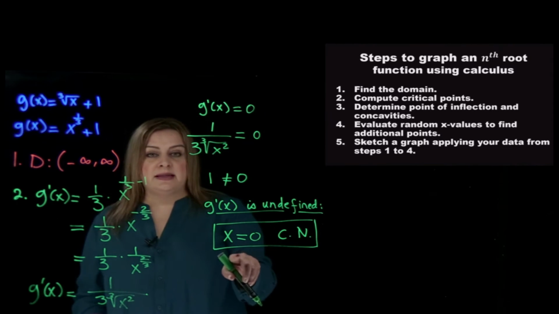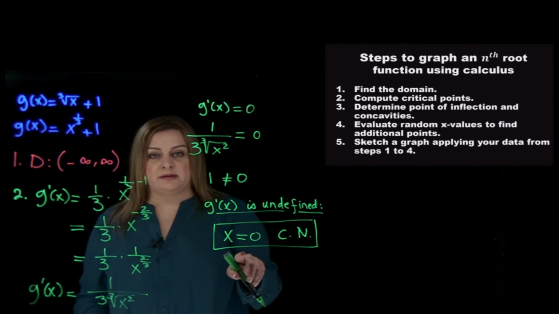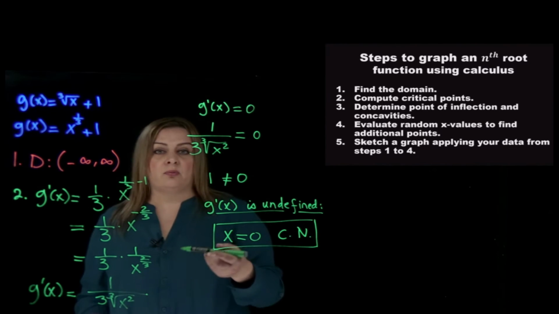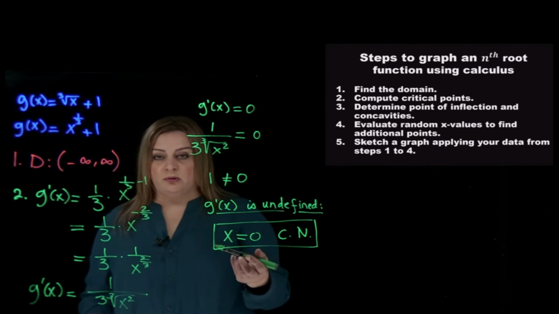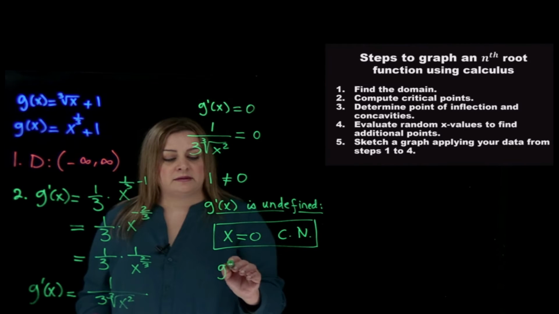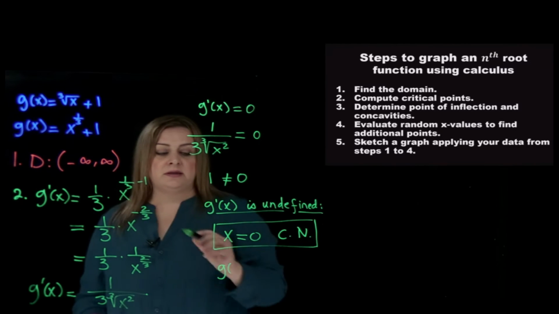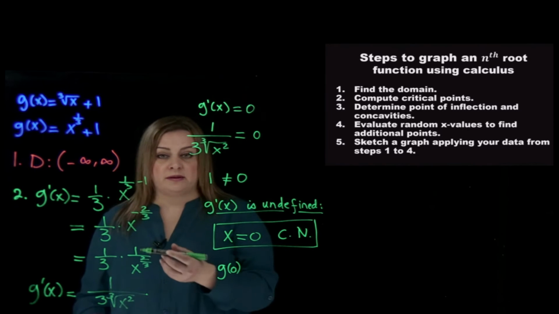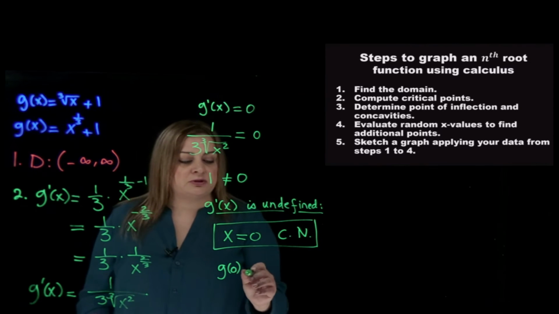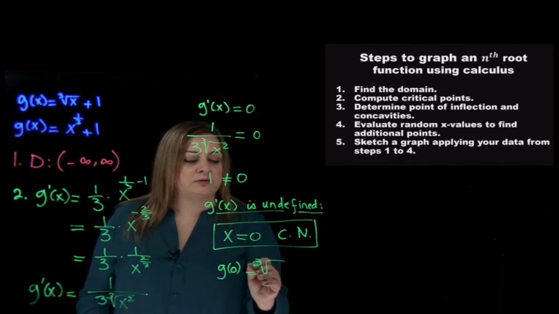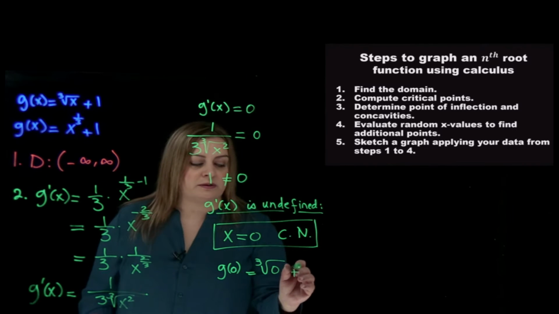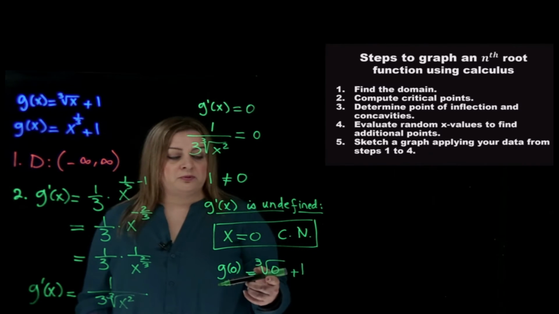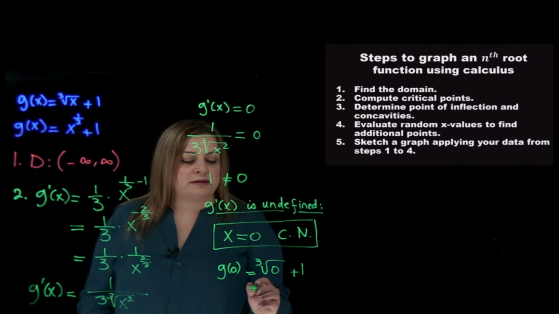Now I found the x value of my critical point. I still have to find the y value. To find the y value, I will evaluate my original function g at 0. And I may use either one of the forms. G of 0 will give me cube root of 0 plus 1. Cube root of 0 is 0, and I'm left with 1.